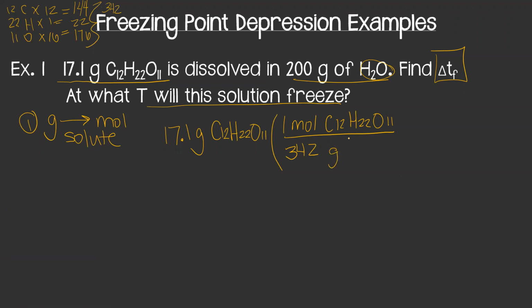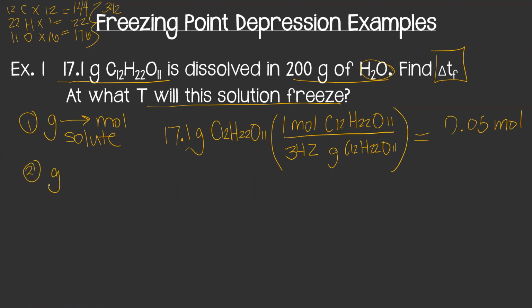If you round a little bit differently, that's fine. Now I can check my grams cancel my grams. I'm left with moles. That's what I want. So doing the math, 17.1 times 1 divided by 342 gives me 0.05 moles of sugar.